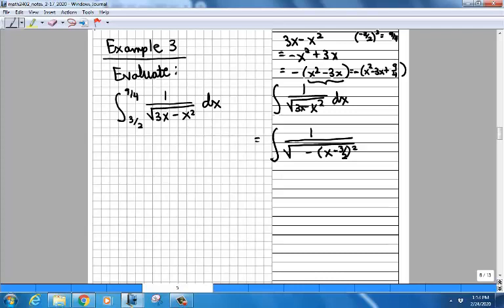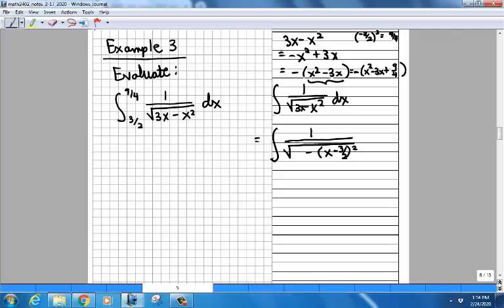See, I put the 9/4 in here. That wasn't there before. So outside, I have to compensate for the 9/4. So how much did I really add there? Did I add 9/4? No, what did I really add? I didn't really add in 9/4, right? What did I really add in?